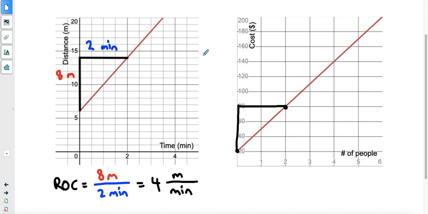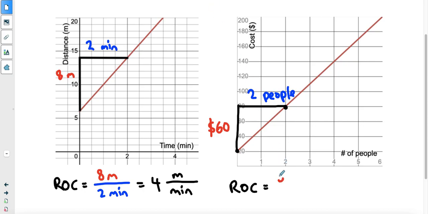Well, let's see. The cost goes from $20 to $80. So the cost goes up $60 total. And the cost goes up $60 over 2 people. So to find the rate of change, I'm just going to divide those two values here.